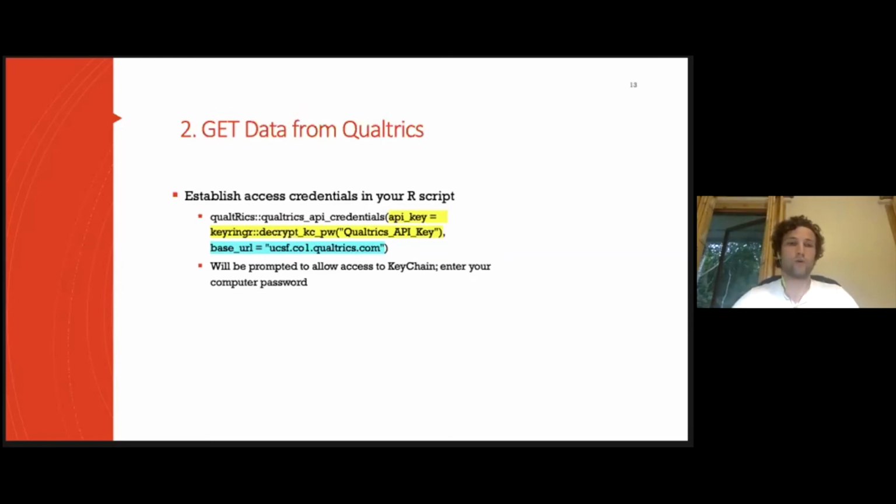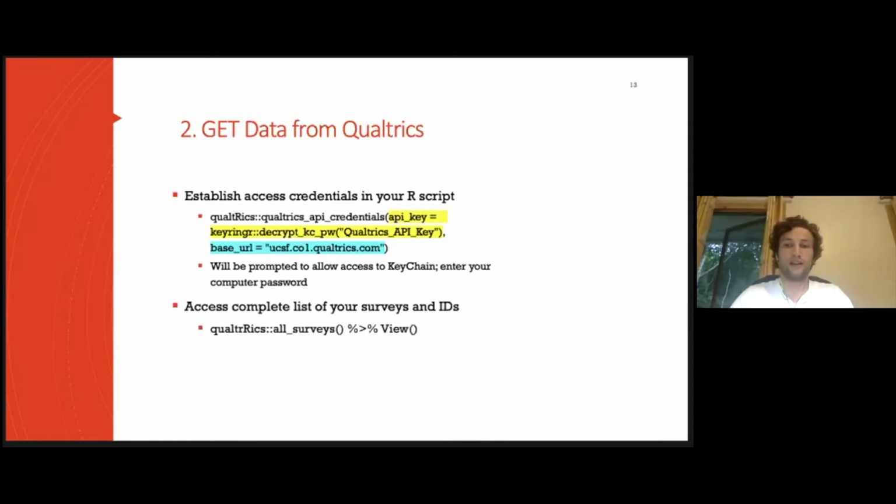If you were working at another institution, say UCLA, presumably their base URL would be something like ucla.co1.qualtrics.com and so on. After you run this function, you can press Command Return in R, and you'll be prompted to access the keychain, which means you just need to enter your computer password.